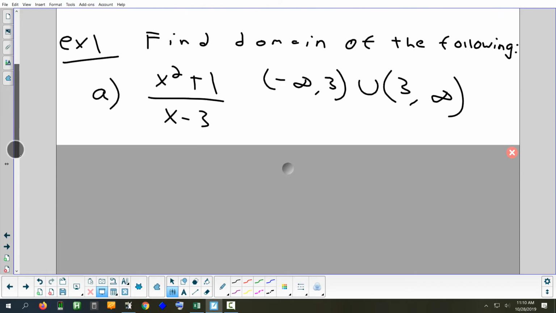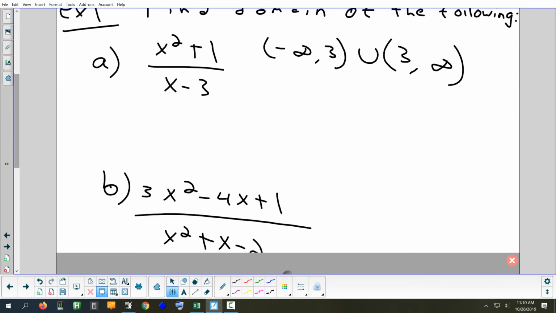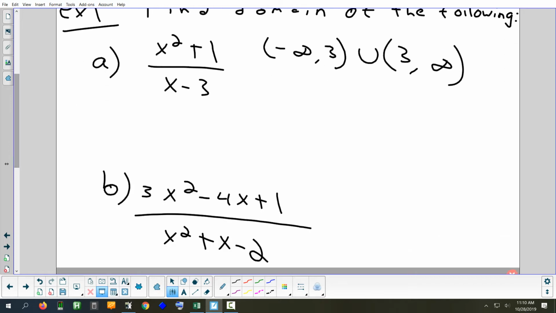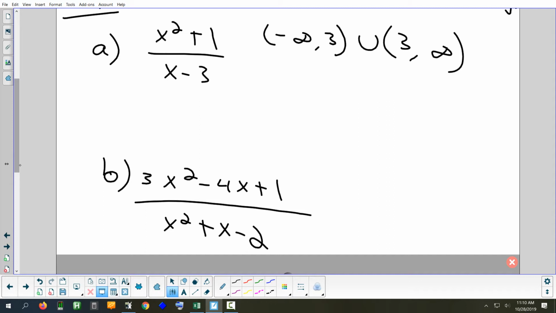All right. Let's try one that's a step harder. B: 3x squared minus 4x plus 1 divided by x squared plus x minus 2. And I'll give you a hint. There's something you're going to want to do to the bottom, and we did this just like 2 minutes ago in one of the examples.